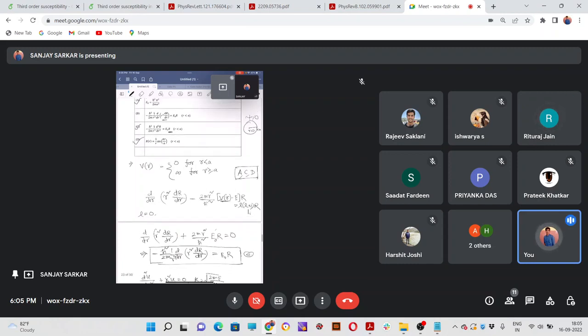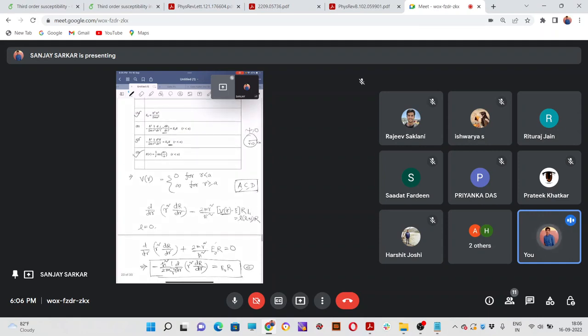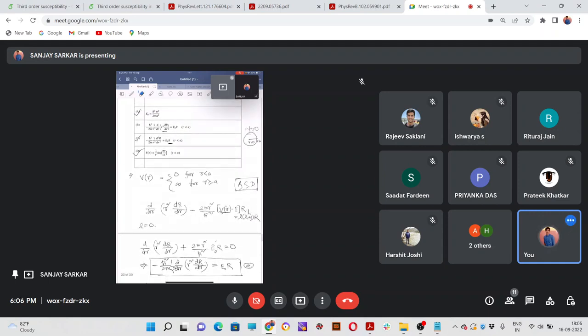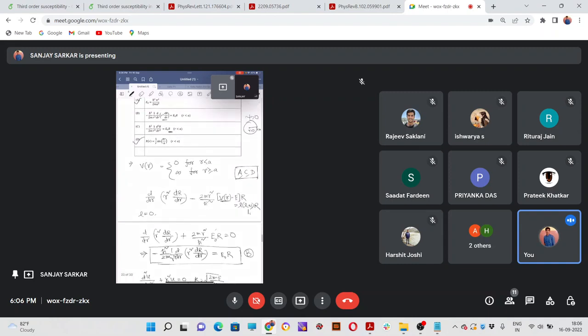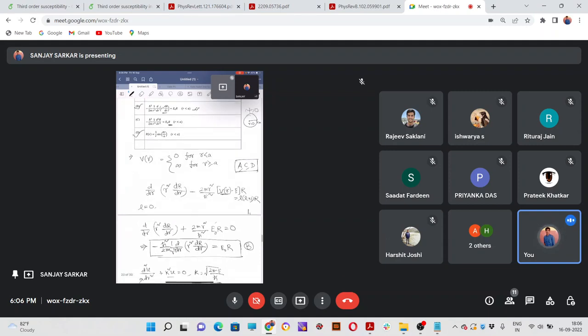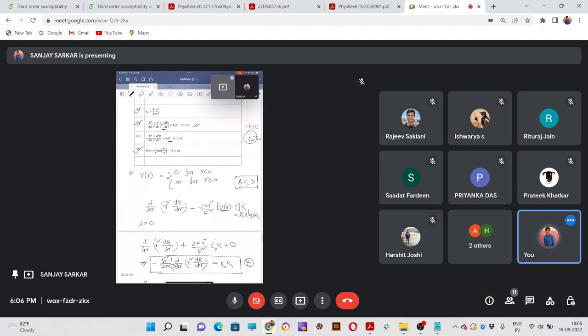So minus h bar square by 2m, 1 by r square d/dr of r square d/dr. Yeah, this is matching with option B and not option C, right? Yeah, sorry, that's wrong. So this equation is matching with option B. This is right. So option B is correct, not option C, because this is exact. I missed that r square part, and so yeah, option B is correct.